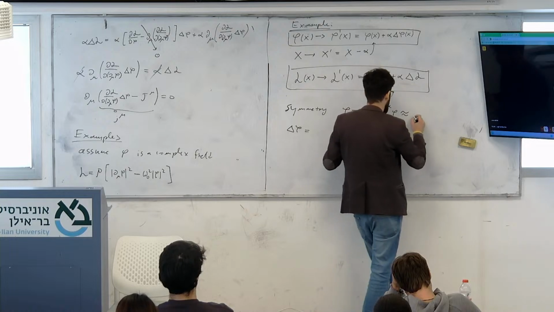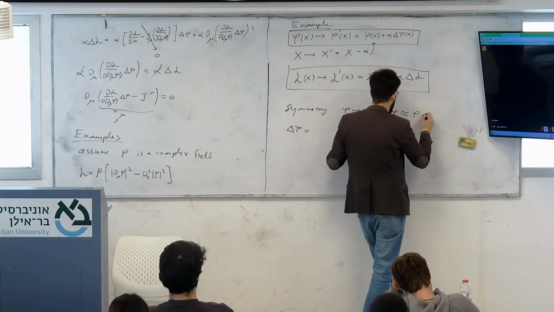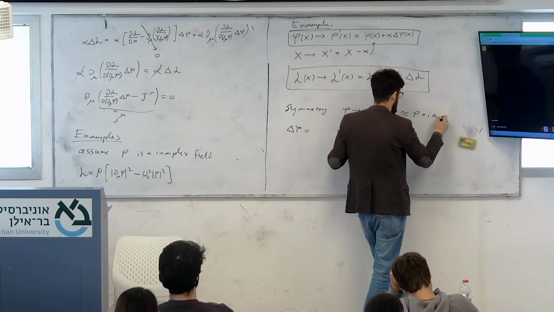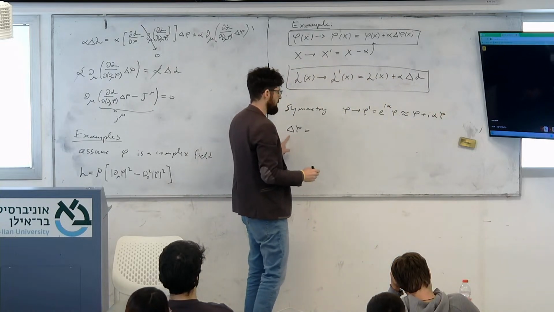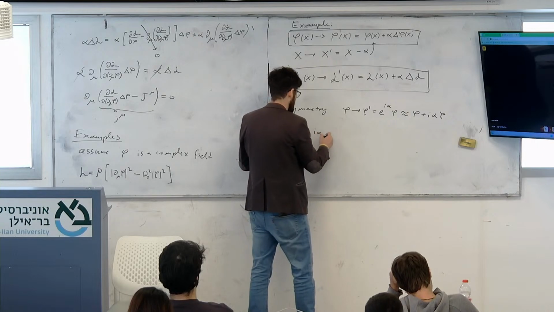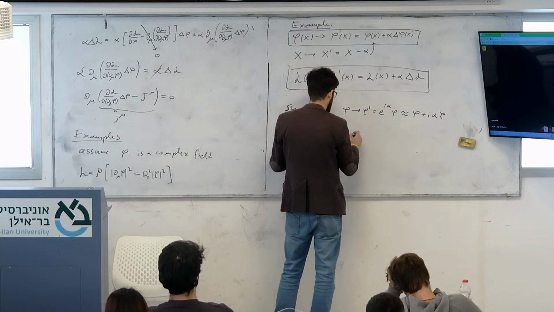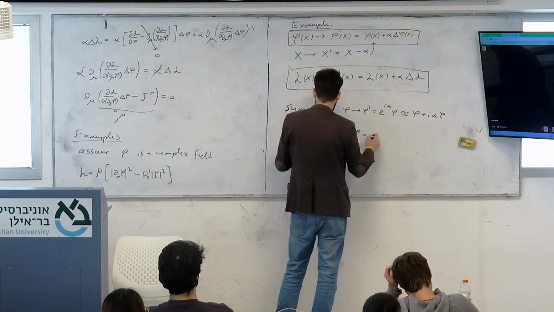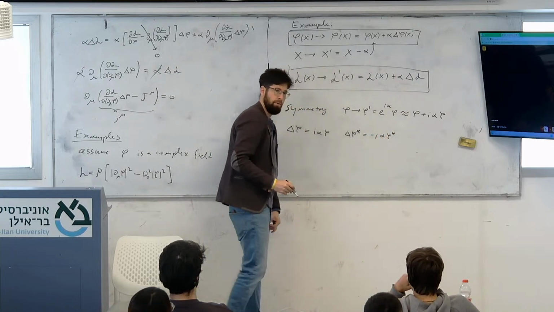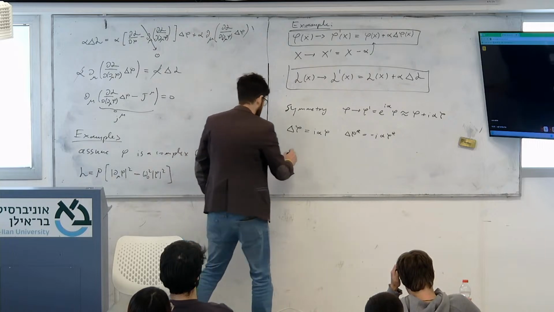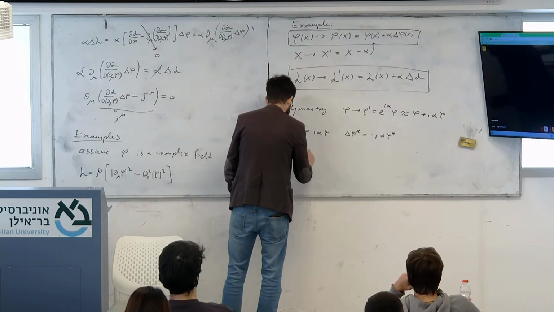Right? We can write phi plus i alpha phi. Okay? And therefore delta phi is i alpha phi, and delta phi star is minus i alpha phi star. Okay? And the delta L in this case is what?